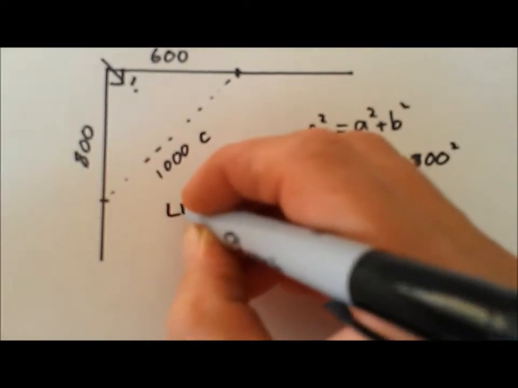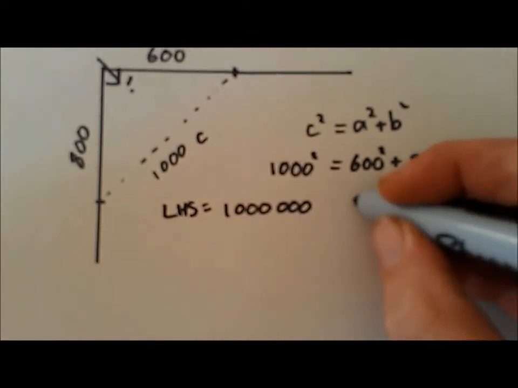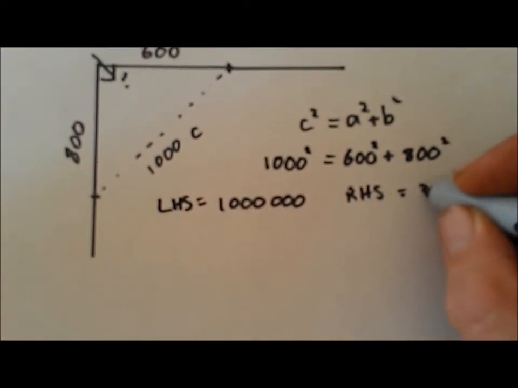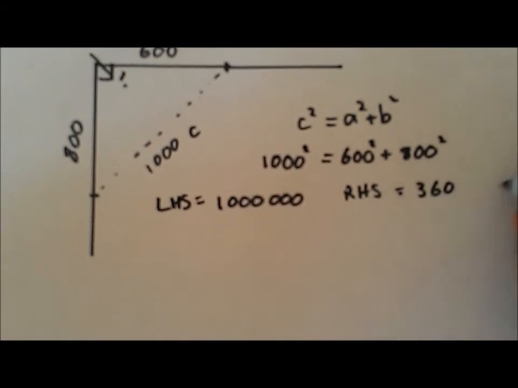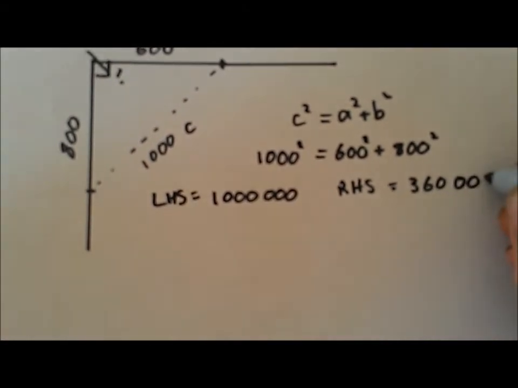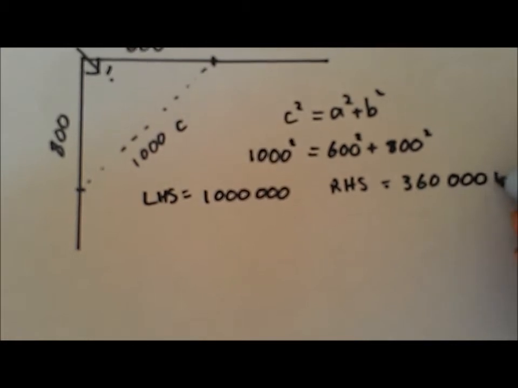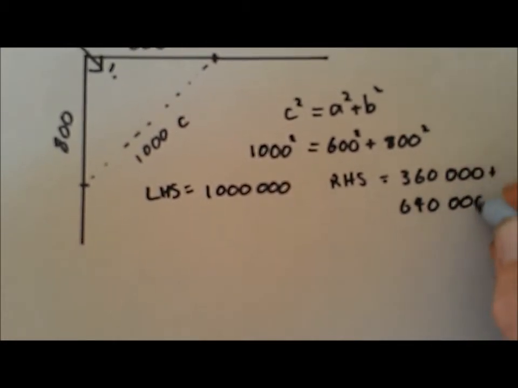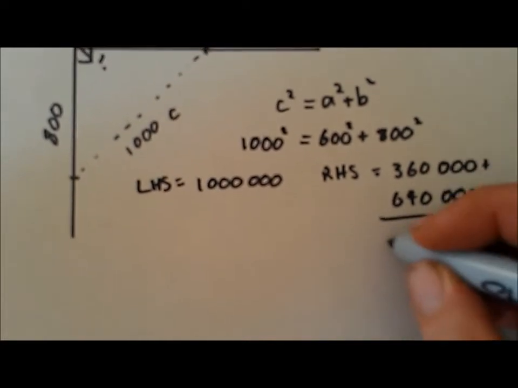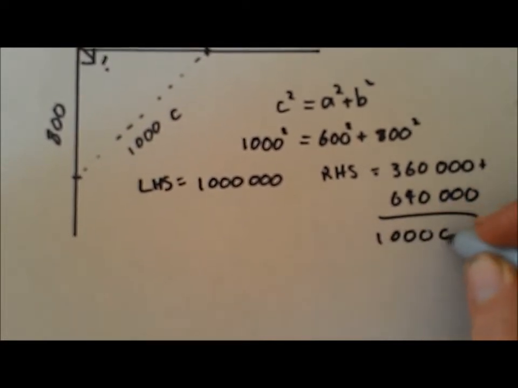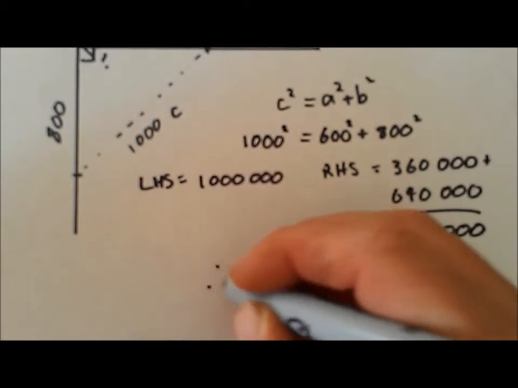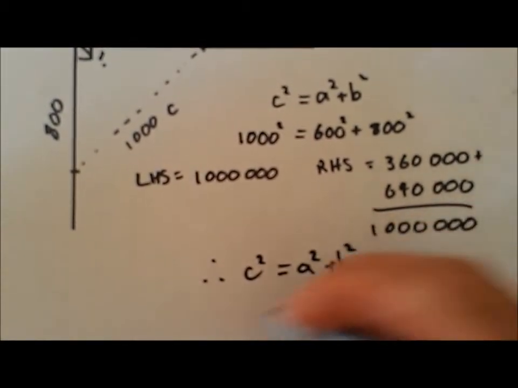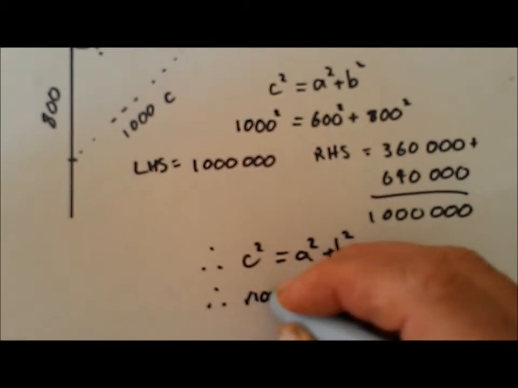My right hand side will be 600 squared, which is 360,000, plus 800 squared, which is 640,000, which adds up nicely to 1 million. So therefore c squared equals a squared plus b squared, so therefore it's a right angle.